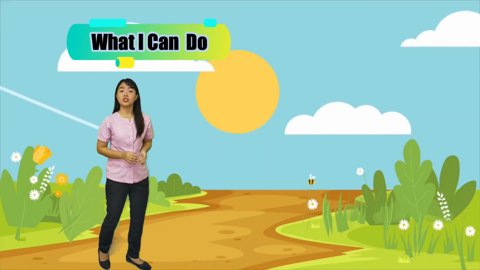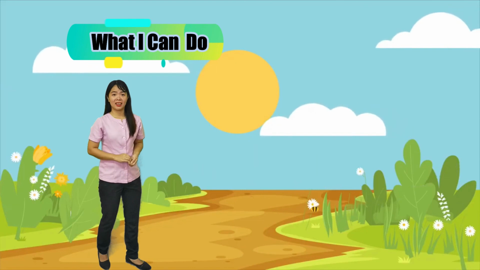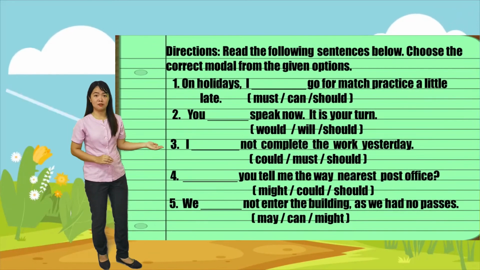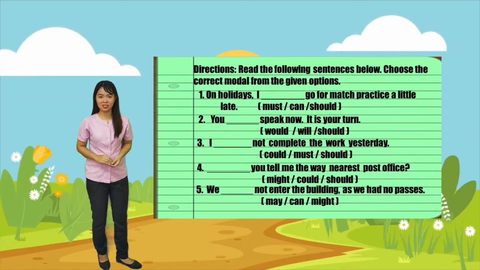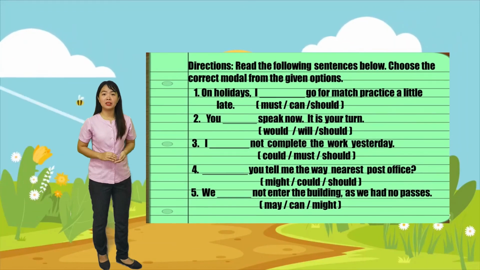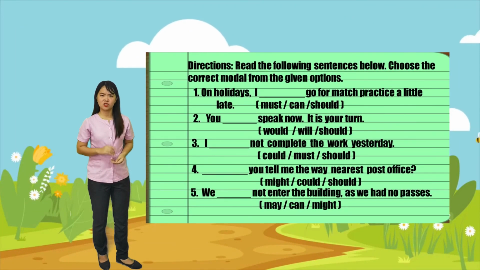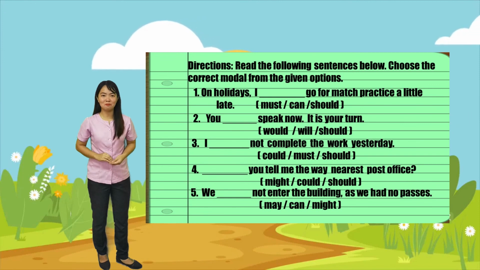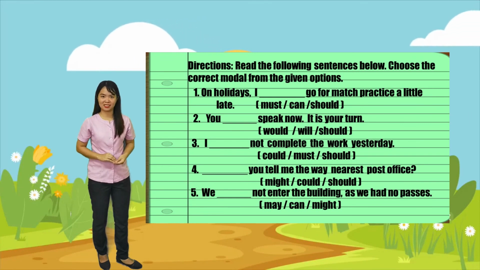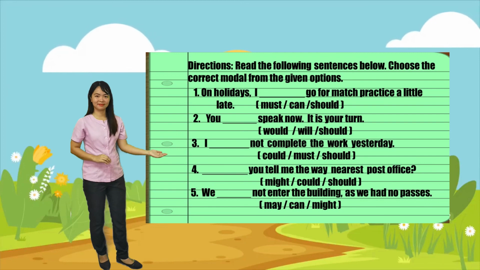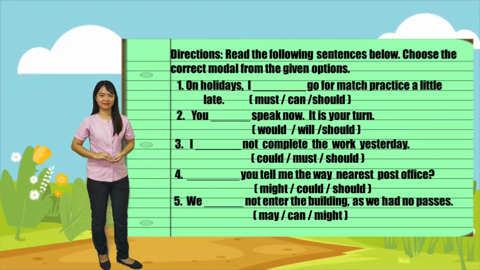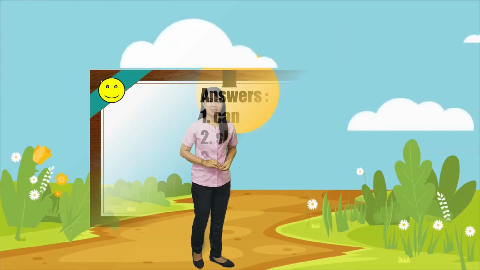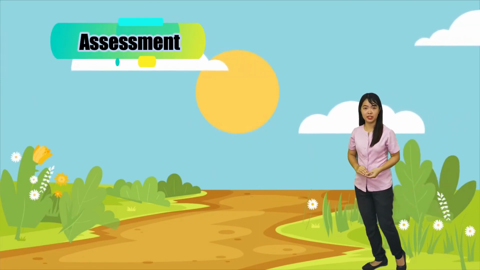Let's see what you can do, learners. Here is another activity for you. Directions. Read the following sentences below. Choose the correct modal from the given options. Oops! Time is up! Let's check your answers. Let us assess what you have learned today.